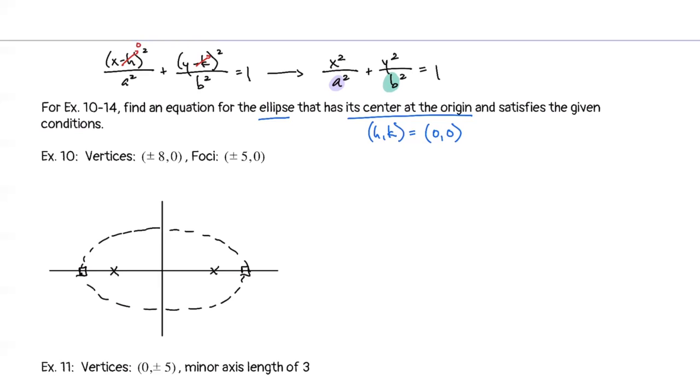Exactly. Here's my center. I'm going out 8 units, and I'm going out 8 units. I'm going out 8 units side to side, so it's the number underneath x squared. So I already have x squared over 8 squared. I already have my a.